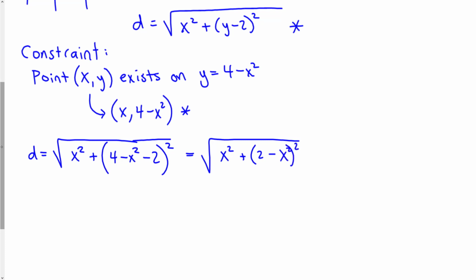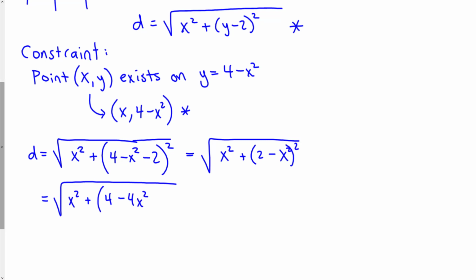And actually, I could probably do a little bit better if I went through and expanded this binomial, combined like terms, that sort of thing. So let me go ahead and do all that. So x squared plus, when I expand this binomial, it would be the square of the first plus 2 times the first times the second. So 2 times 2 is 4, times negative x squared would be negative 4x squared.